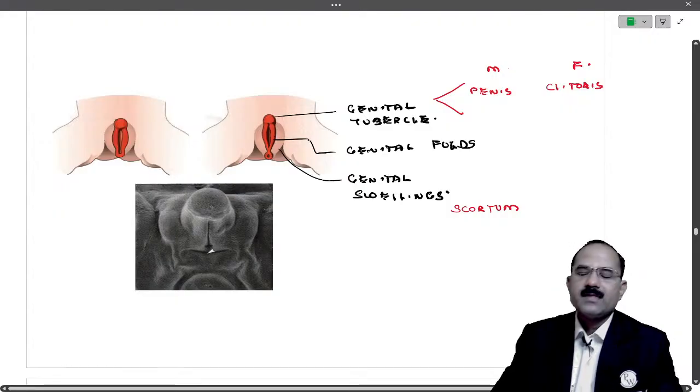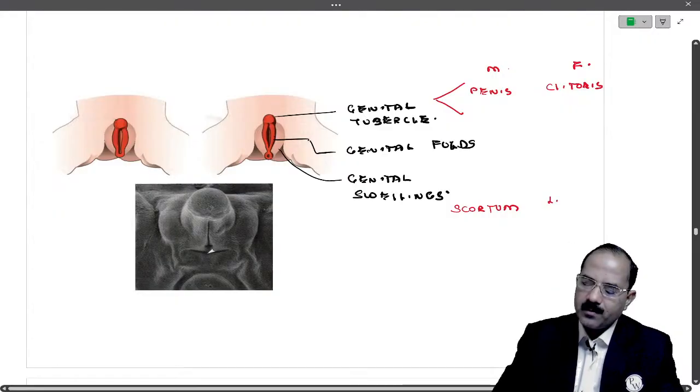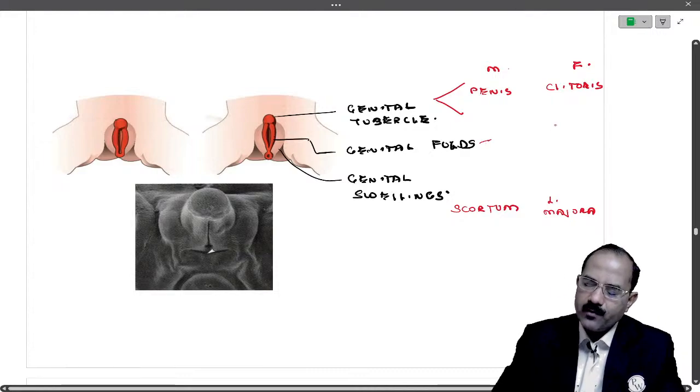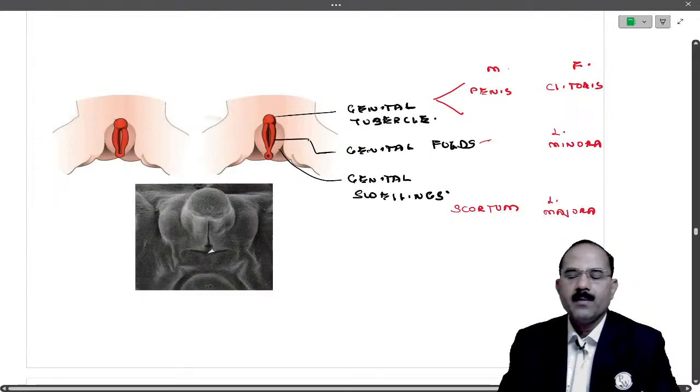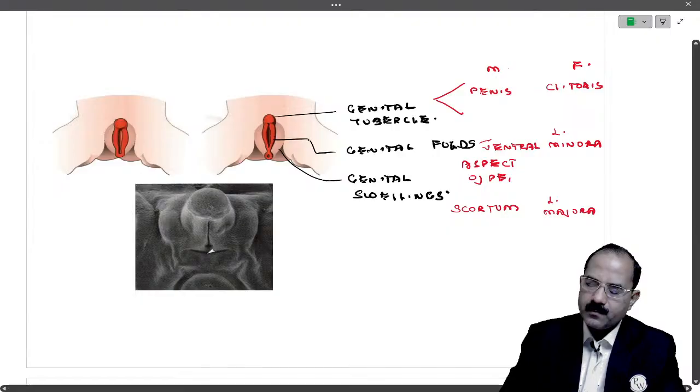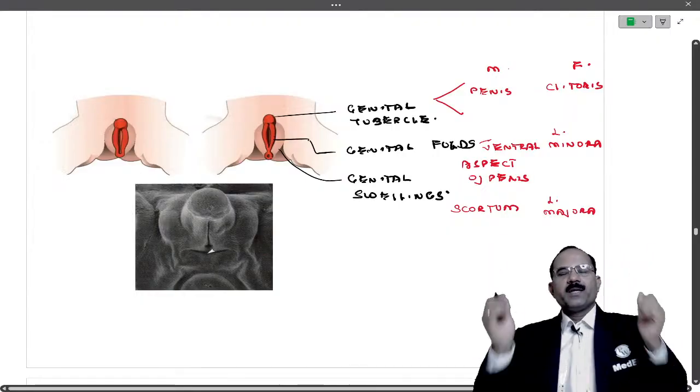In females, they form the labia majora. And genital folds in females form the labia minora. And in males, they form the ventral aspect of the penis.